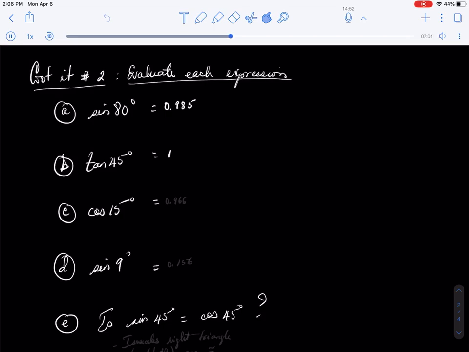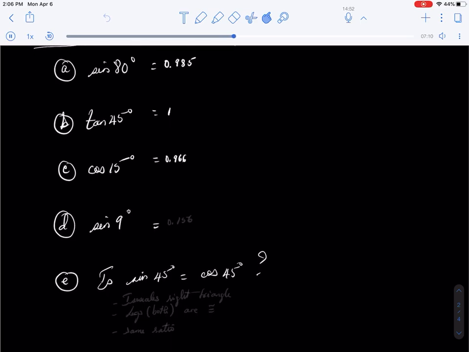You should have 0.966. And then for sine 9, that should give you 0.156. And here's the question. You are going to see this later. Is this the same? The answer is yes, because it is an isosceles right triangle.